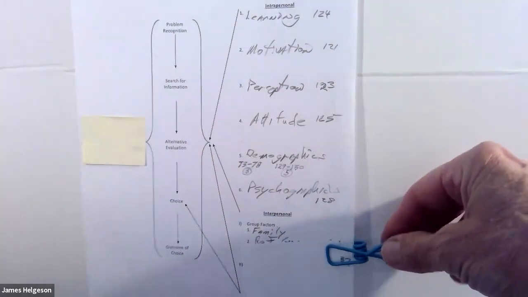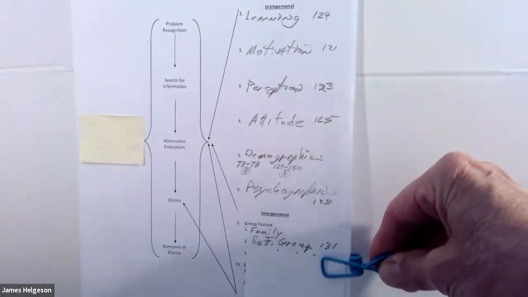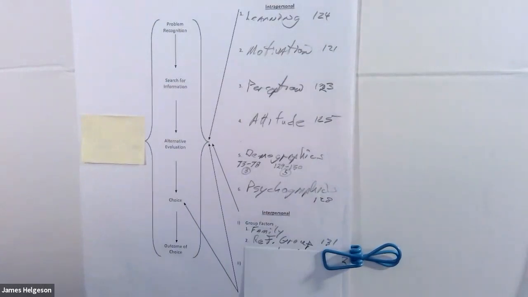As we sample these categories of items that impact it: family. I'm not going to put my armpit over the camera this time. Reference groups. Do groups have an impact on decision making? Groups you're in.